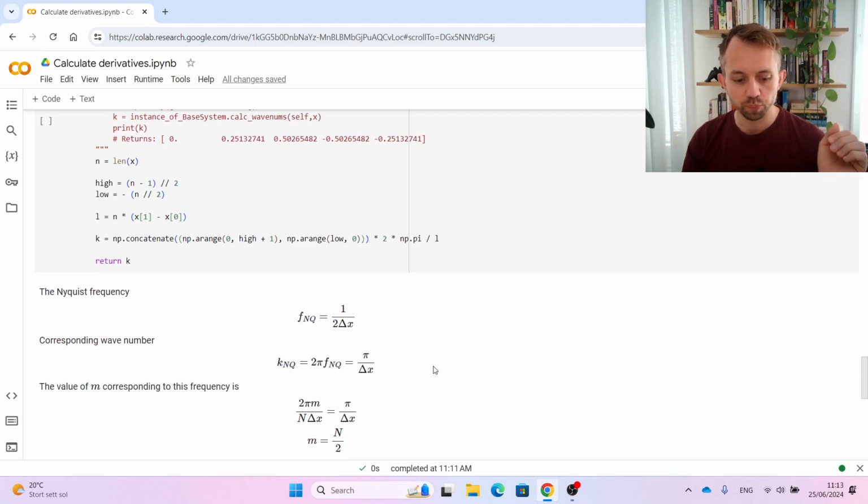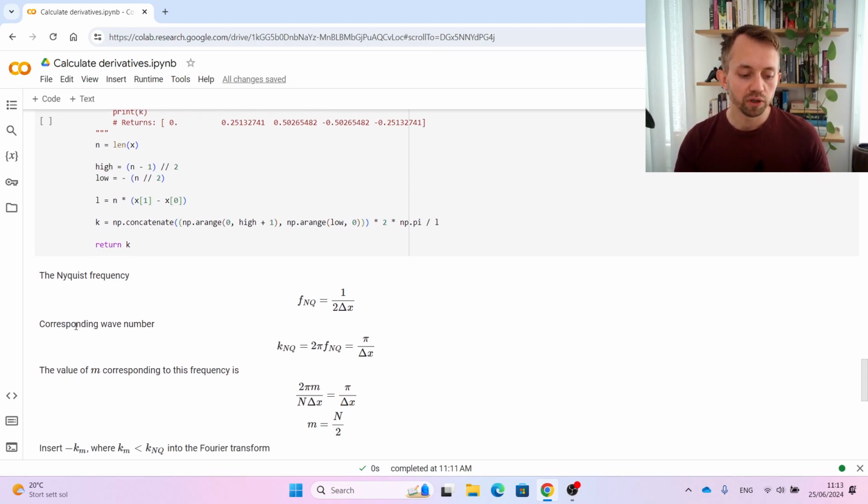So that's very briefly put, but it says that you can only sample a signal up to a frequency of 1 over 2 divided by delta x, where this is the distance between the x points. The corresponding wave number to that frequency is found by multiplying with 2 pi. So I multiply this expression with 2 pi, and then I get pi over delta x.